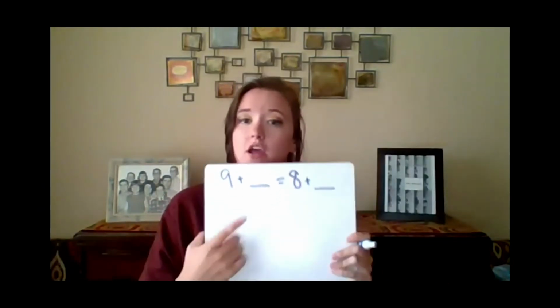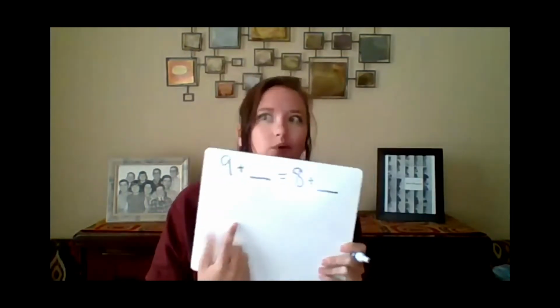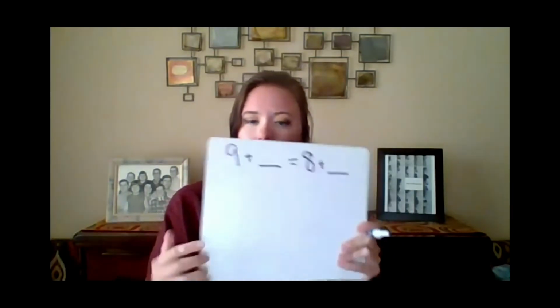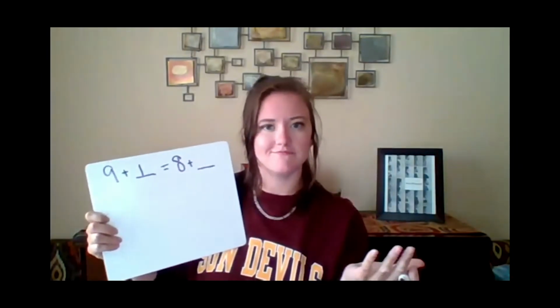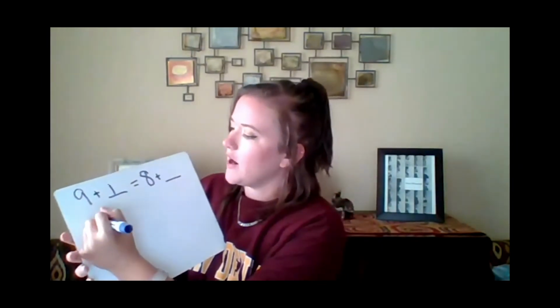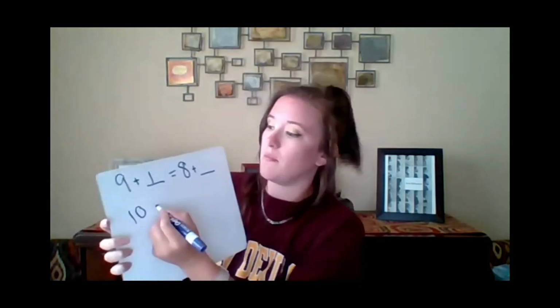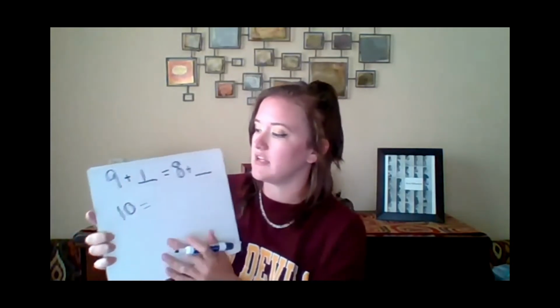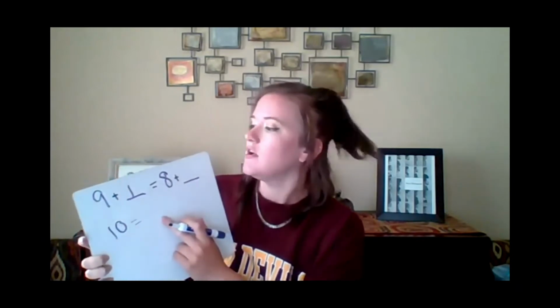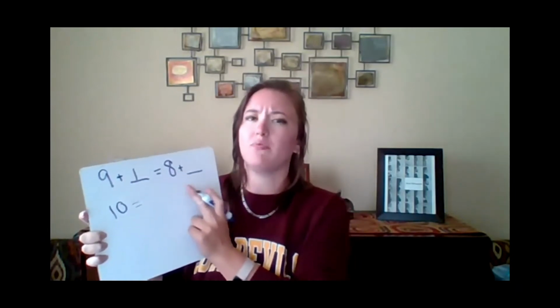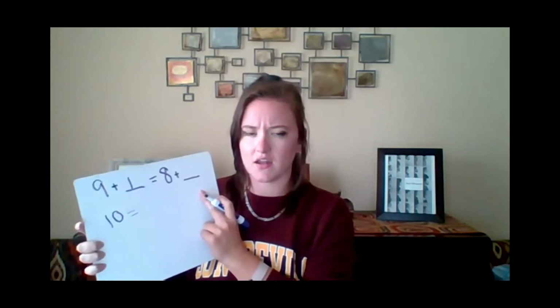Well, why don't we just try throwing in a number right here? So why don't we start with 1? What's 9 plus 1? It's 10. We know that. Right off the bat, we know that with our math fluency, that 9 plus 1 equals 10. So I'm just bringing this equal sign down. So now we have 8. But 8 plus what equals 10?